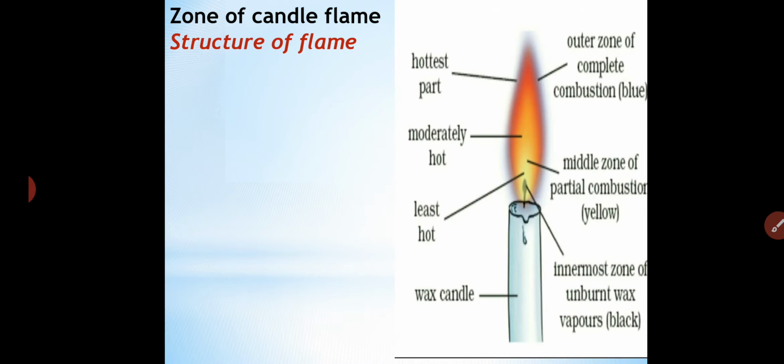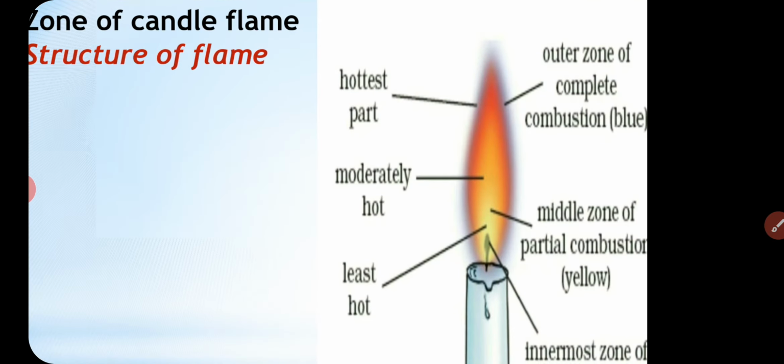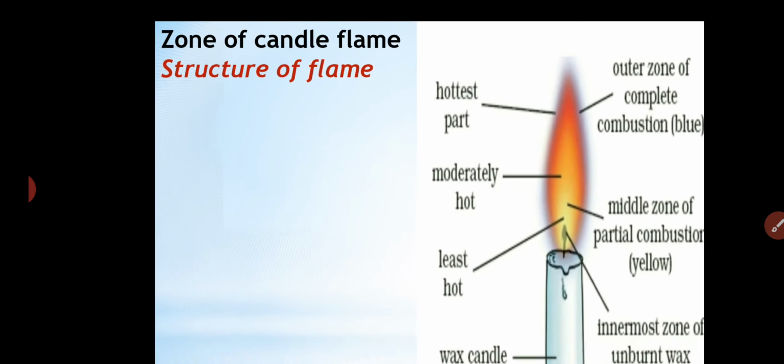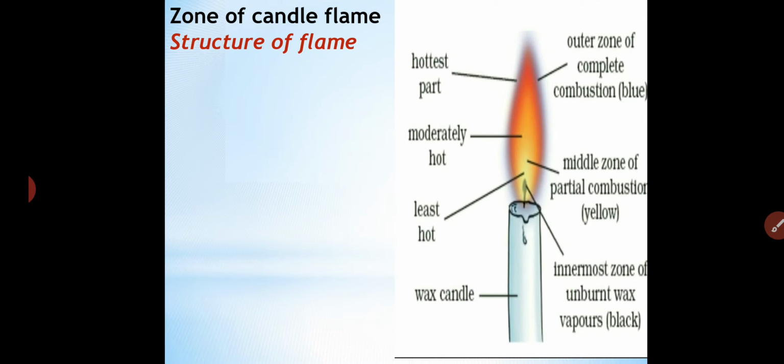So these are the different zones of the candle. At the beginning we saw how the candle is burning. This is the outermost part, which is the hottest part of the candle, and it is called the outer zone of complete combustion. Now in the middle it is moderately hot.